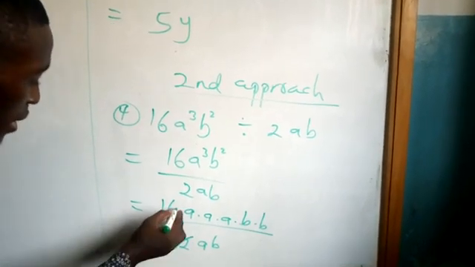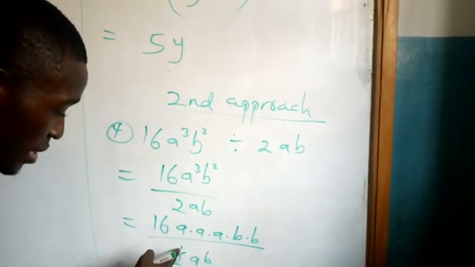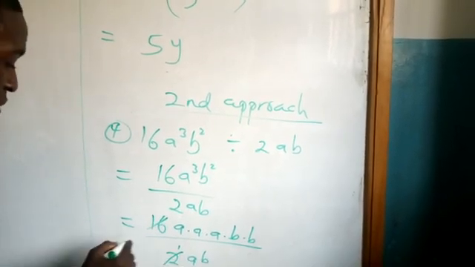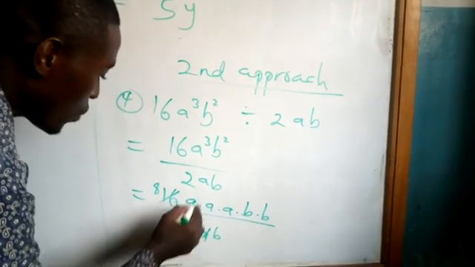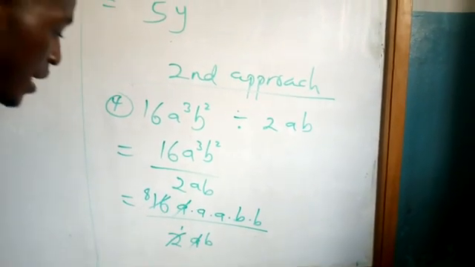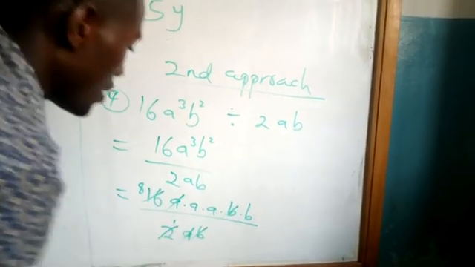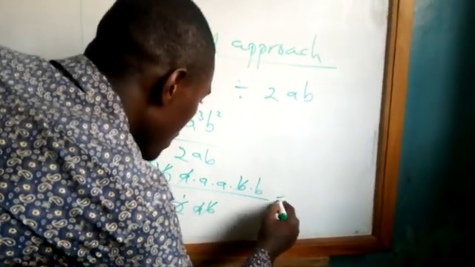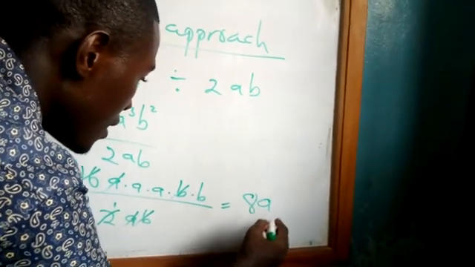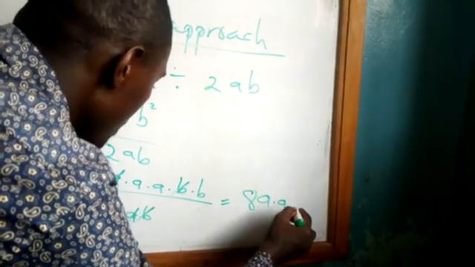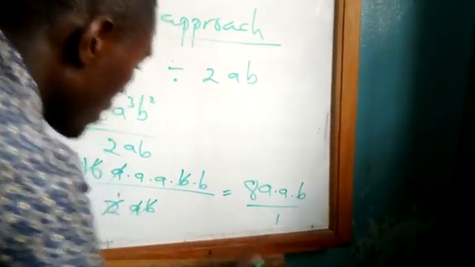So this 2 can divide itself by 1, can divide the 2 by 2, getting us 1. Then we divide 16 by 2, getting us 8. This a will take away 1a in the top there, in the numerator. This b will take away 1b. This gives us 8a dot b all over 1.